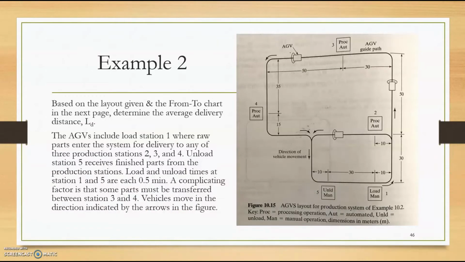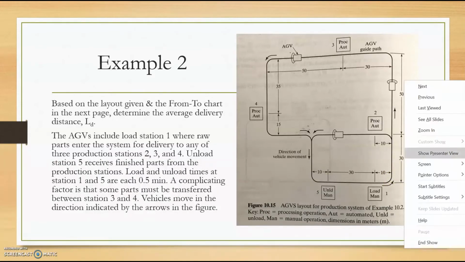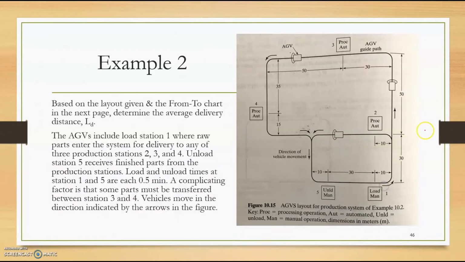In example 2, there is a layout given to show the direction of travel of the AGV from station to station. There are 5 stations: station 1, station 2, station 3, 4, and 5.